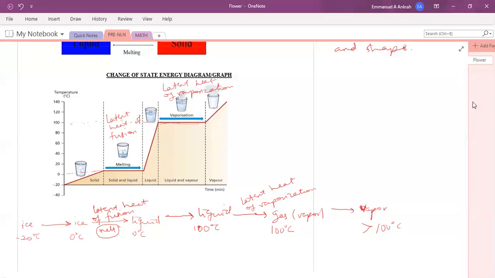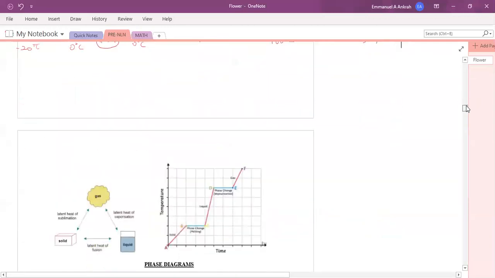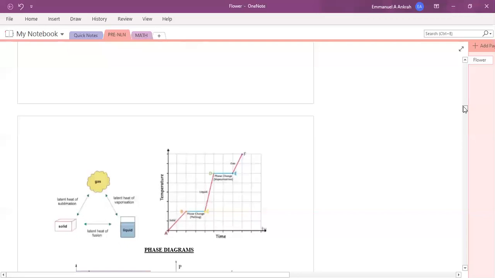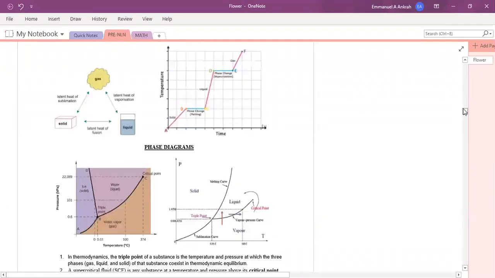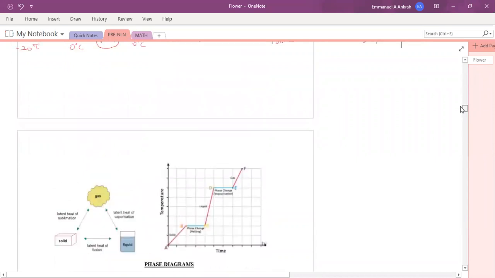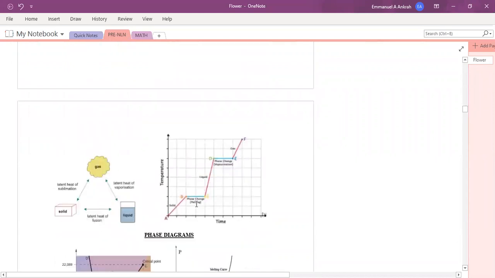Right. Now this diagram can come in another form where it is sideways. Let me see if I have this in the sideways form. All right, this is the same diagram, but we have the phase change written as part of this.